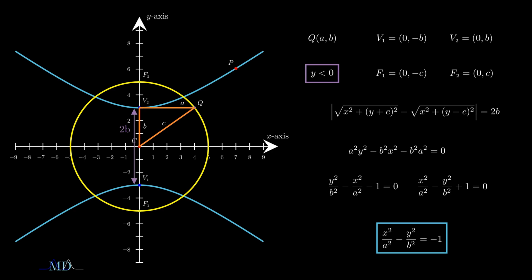Therefore we have found out that the equation of a hyperbola with transverse axis coinciding with the y-axis is very similar to the equation of a hyperbola with transverse axis coinciding with the x-axis. The only difference is the sign of the constant term, that in this case is minus 1, while in that case was plus 1.